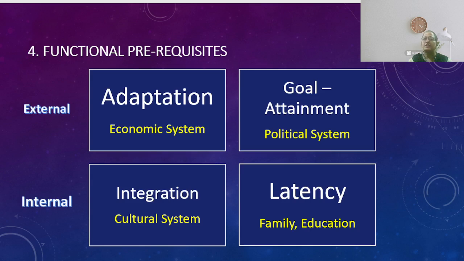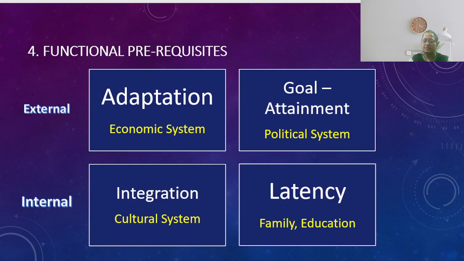So these are the four important prerequisites, and you need to memorize them. Not just these AGIL words, but also the system they adhere to and the institution through which they work. Again I'm repeating: adaptation, the system is the biological organism, the institution is the economic system. Goal attainment, the system is the personality system, and the institution is the political system.